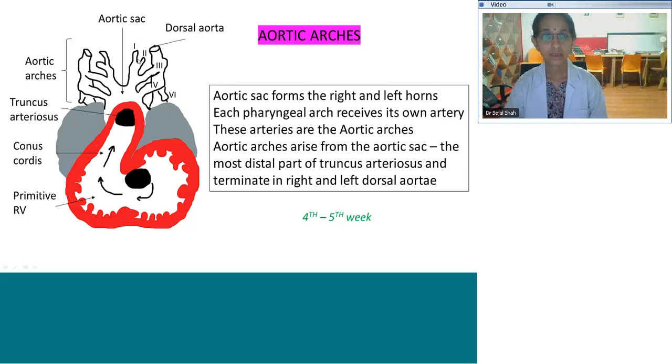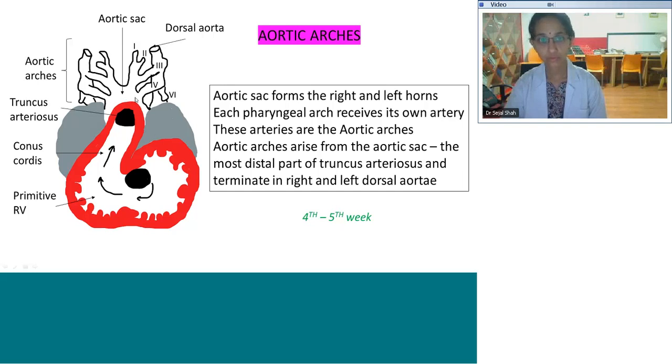These are the aortic arches which connect the ventral aorta to the dorsal aorta. So the aortic sac is the one which finally gives rise to the aortic arches. Initially it forms two horns, the right horn and the left horn. Now all the pharyngeal arches receive their own arteries, and these arteries are called the aortic arches.